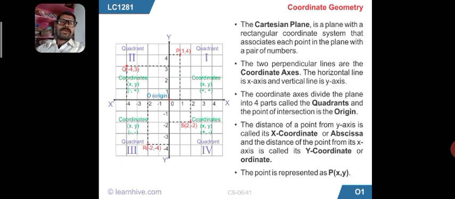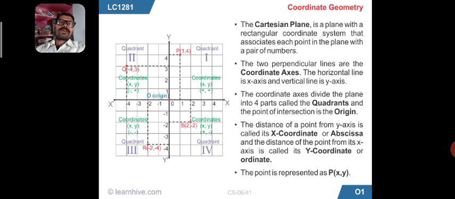The distance of a point from the y-axis is its x-ordinate. For example, you can see the point P in the graph. There, 1 represents the x-coordinate, or abscissa as we say. And the distance of the point from the x-axis is called the y-ordinate.